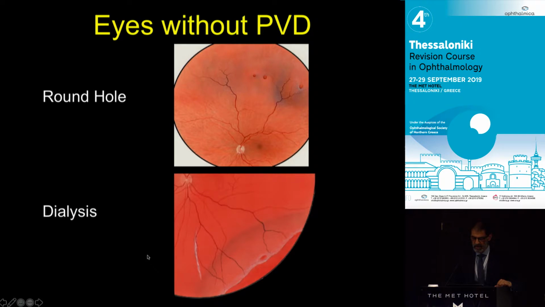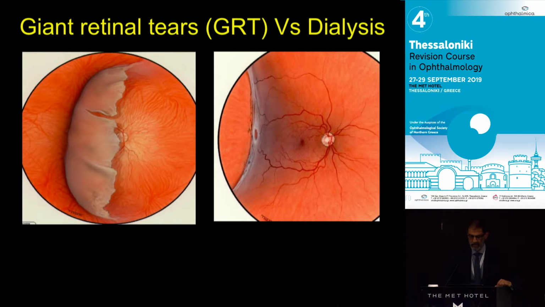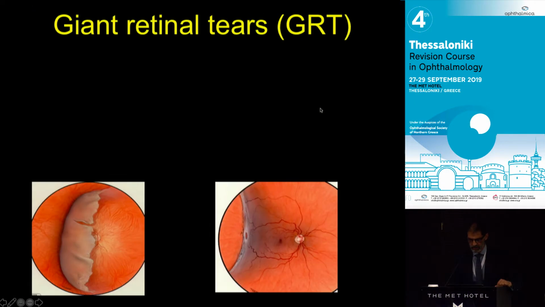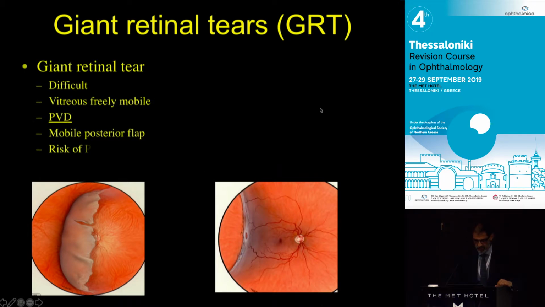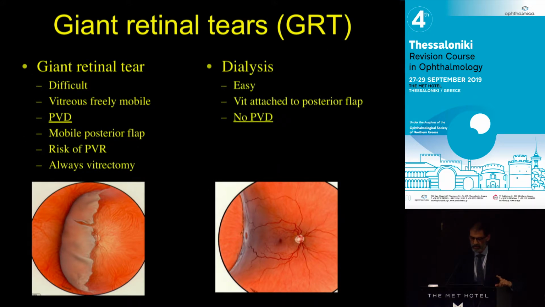In eyes without PVD, that's dialysis and round holes in myopic chronic retinal detachments, we tend to predominantly do buckles still, and in giant retinal tears versus dialysis, we'll do a vitrectomy versus a buckle. I won't go through the difference between those two, giant tears and dialysis, except to remind you that it's not about where the tear is, but the fact that wherever the tear is, it's got vitreous on its posterior and anterior edge.